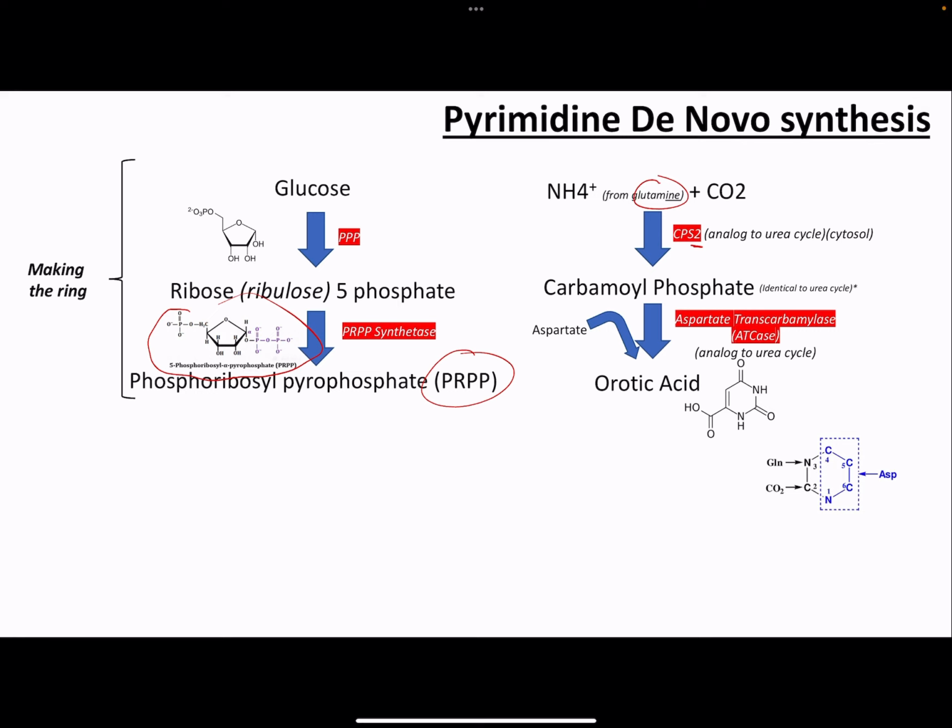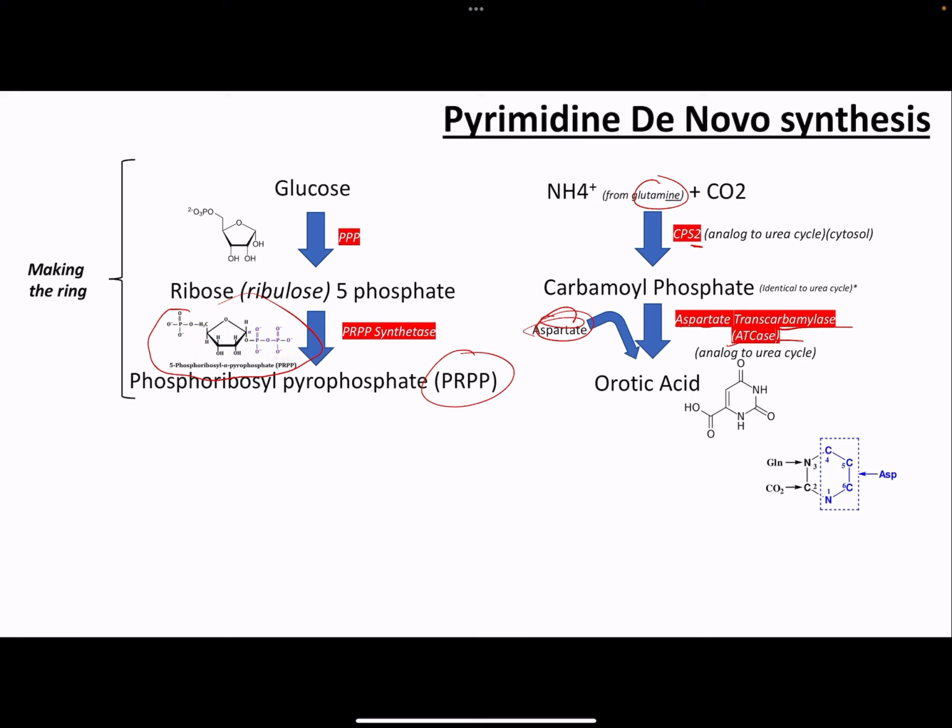This one is kind of similar in that it's not named after carbamoyl phosphate. It's named after the other thing, which was previously ornithine and is now aspartate. This is aspartate transcarbamylase.